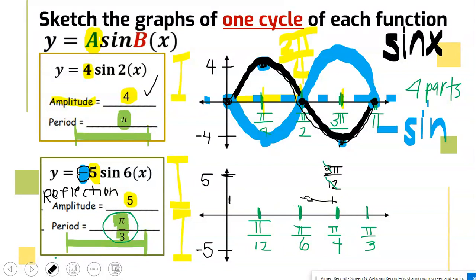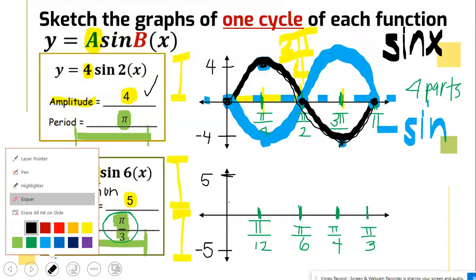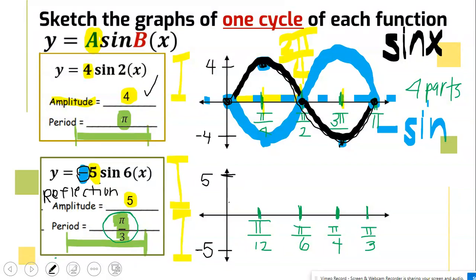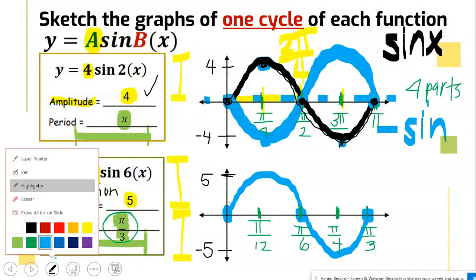Once we have all of our x and y axes labeled, then you get to draw on your graph. And remember, it always starts at 0 and ends at 0. And heck, even in the middle, it's going to go to 0 as well. So you can always start by graphing it like this. Remember, if it was regular sine x, it would start from here, go up, and come down. But we do not have that.